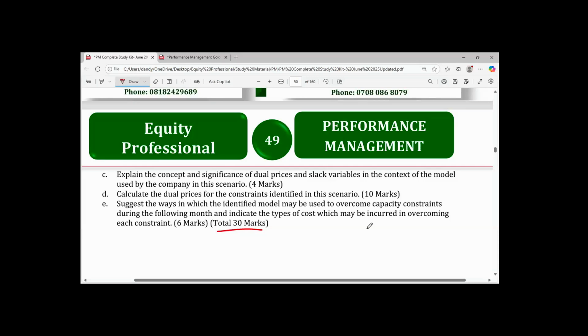Calculate the dual prices for the constraints identified in this scenario. Suggest the ways in which the identified model can be used to overcome capacity constraints during the following months, and indicate the types of costs which may be incurred in overcoming each constraint.